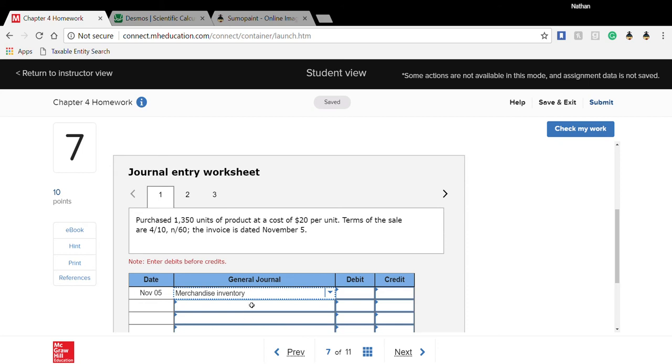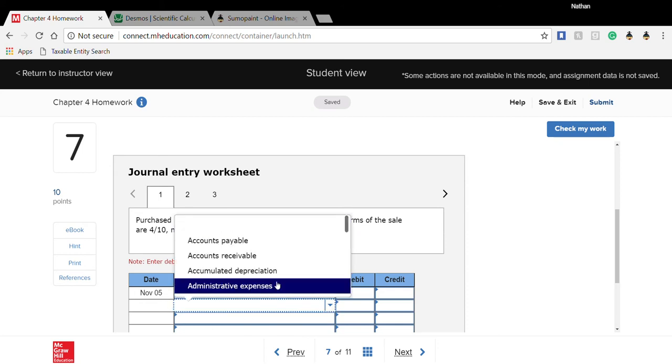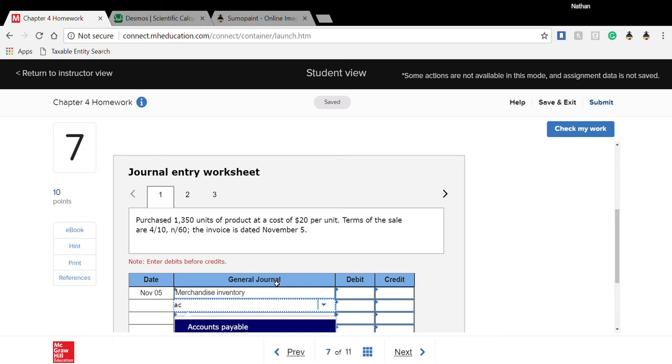So my other account is going to be accounts payable, because we owe the other company that amount. 1,350, boom.